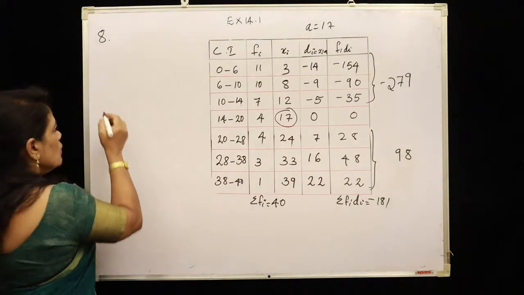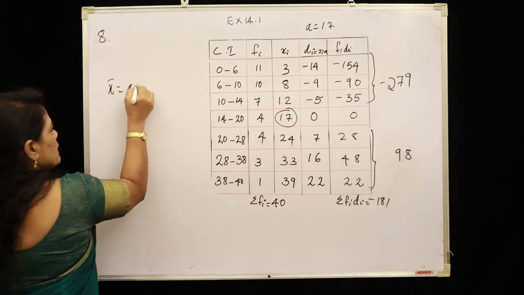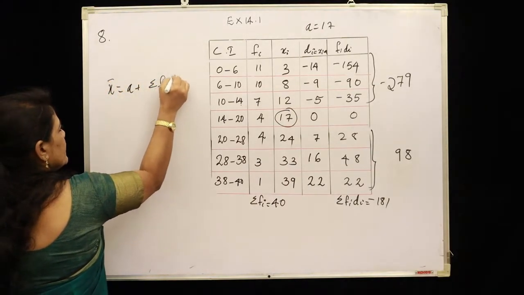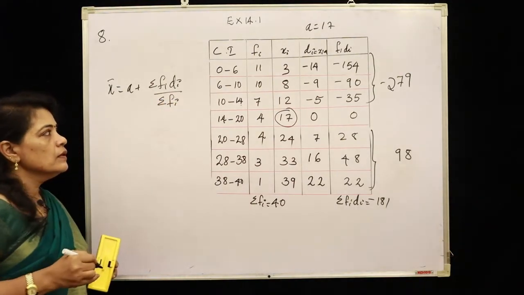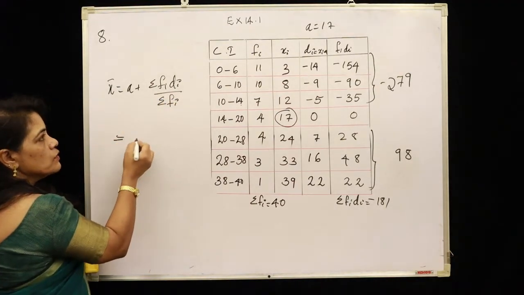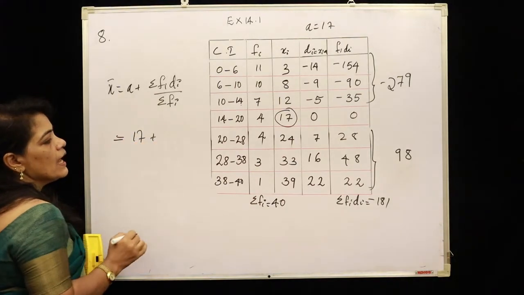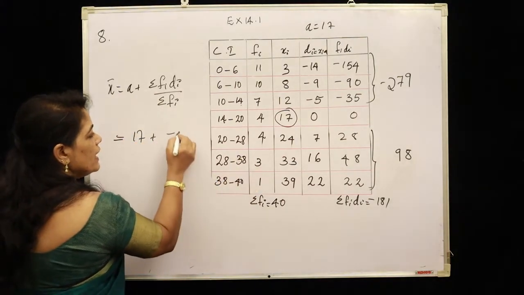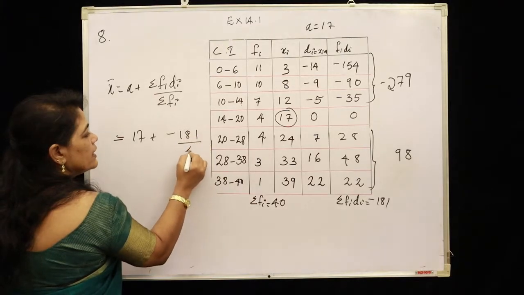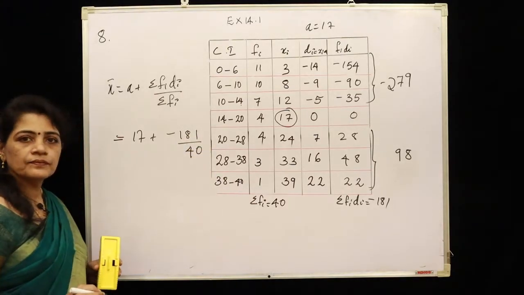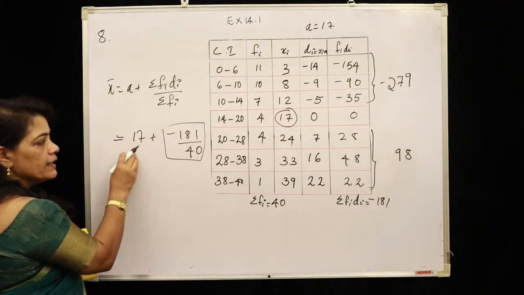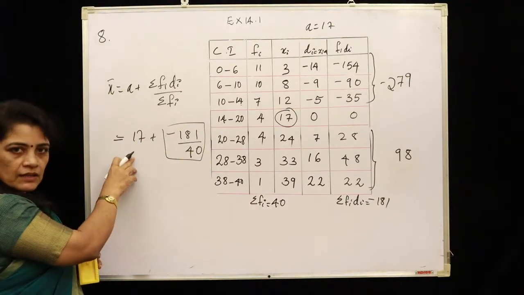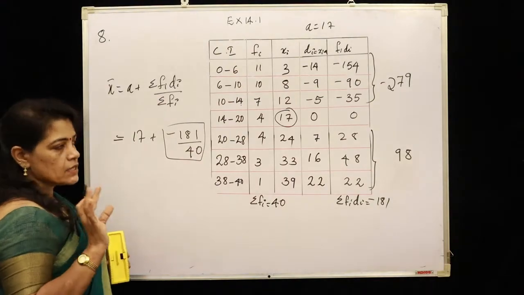X bar is equal to A plus sigma fi di divided by sigma fi. The assumed mean we have chosen is 17 plus negative 181 divided by 40. We can find this value and it should be subtracted from 17. I am keeping 17 fixed.